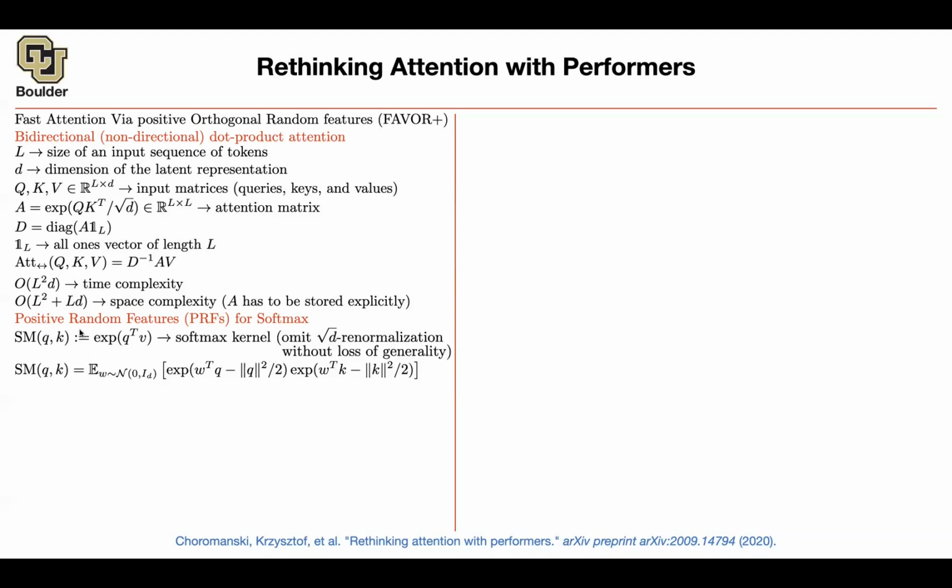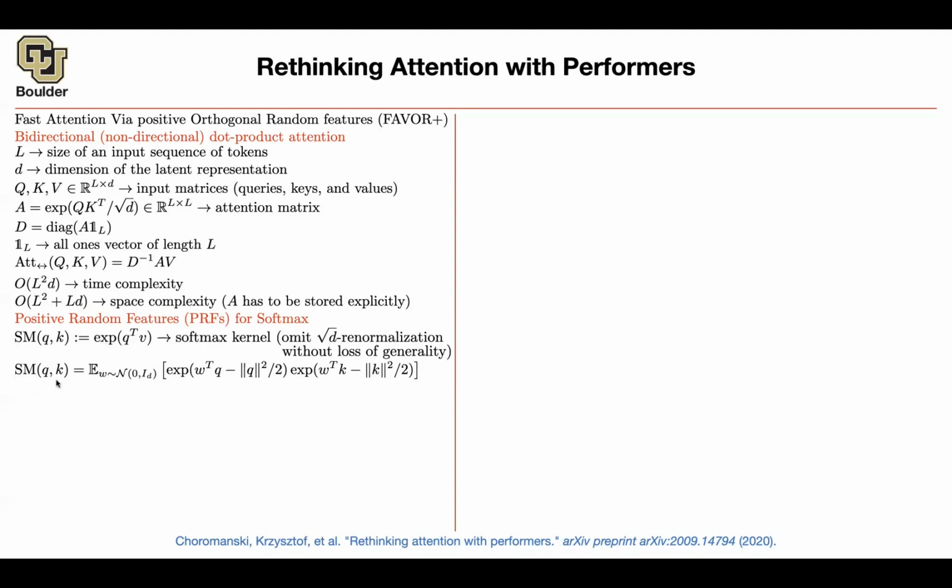What is the idea of positive random features? This is coming from random matrix theory. You can approximate this kernel by an exponential of a bunch of random vectors. So you keep sampling random vectors w from a normal distribution, and the expectation with respect to w of this function times another function is going to give you an approximation for your expected value for your SM.